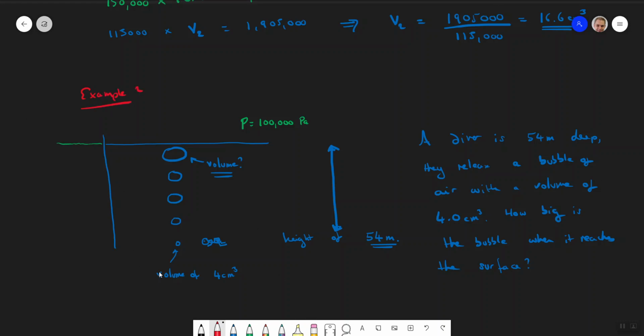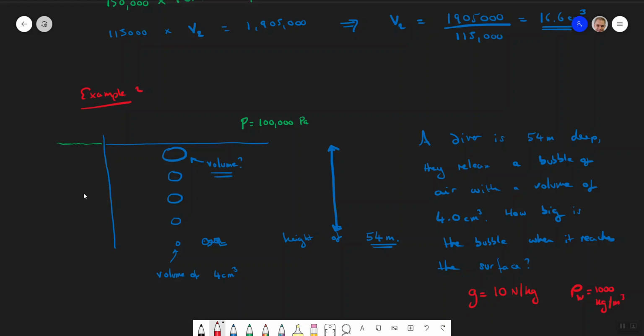So the first thing we have to do is work out what the pressure is down here. The question hasn't immediately told us, but it's given us the information to do so, or at least it's about to. I need to give you two bits of information: that g is equal to 10 newtons per kilogram, and the density of water is equal to 1,000 kilograms per meter cubed.